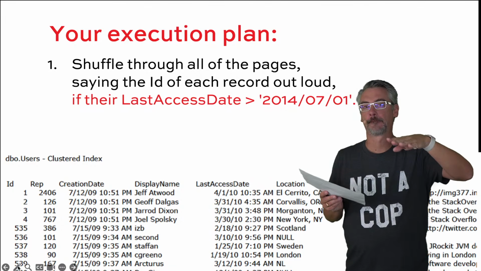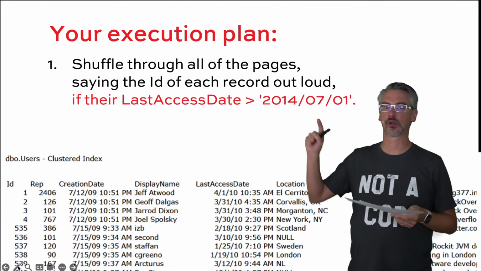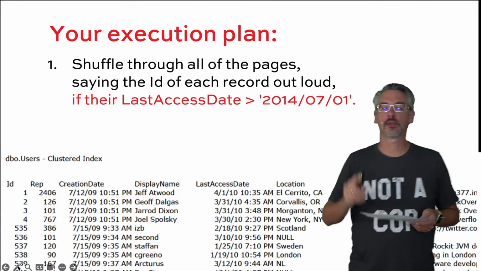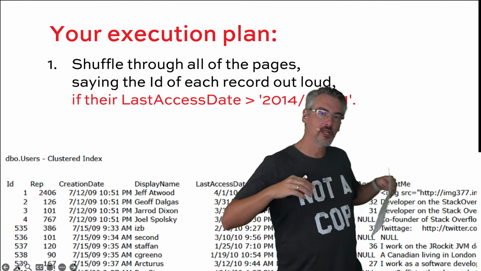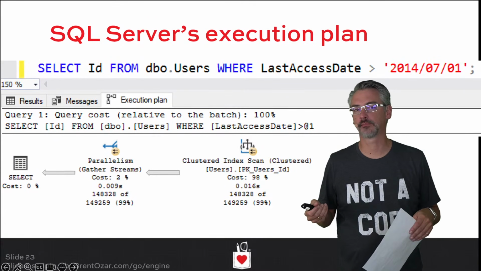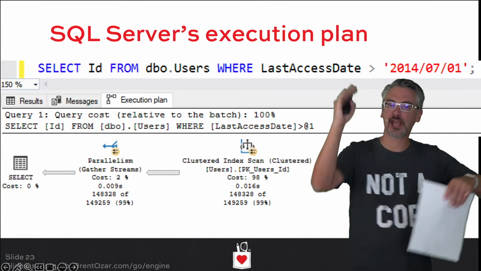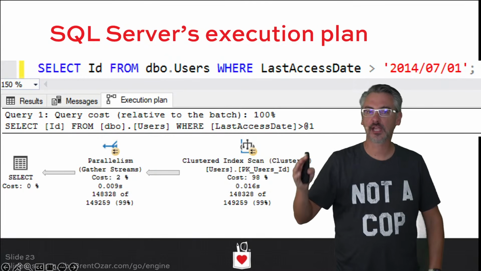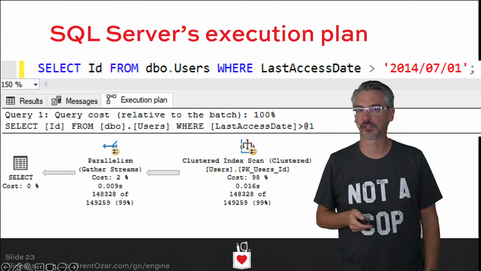Now with my new query, not all of the rows are going to match. So it might make sense to throw more people into the office supply closet to do this work in parallel, because we're not going to be saturating a network card right from the word go. It's going to take us a while to go through and find some of these users.